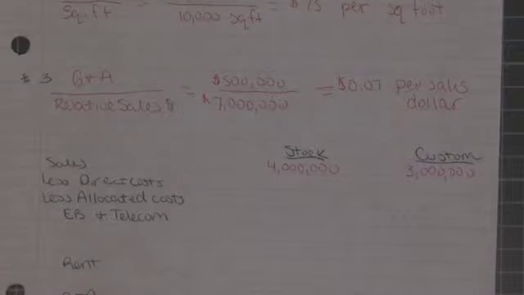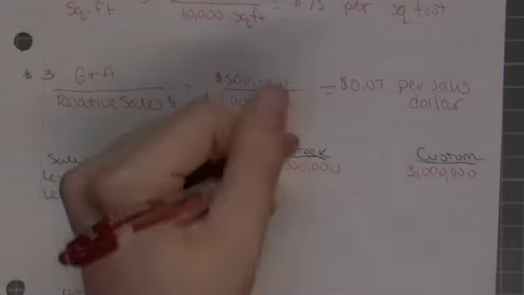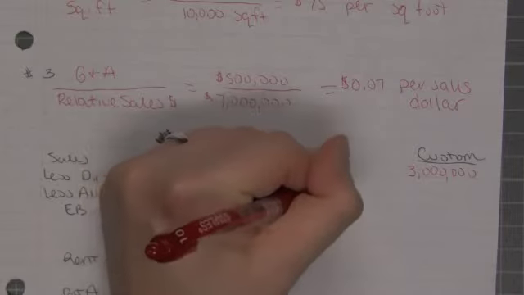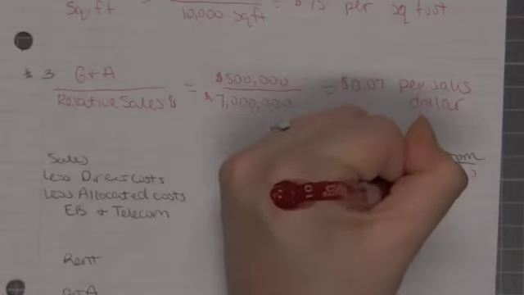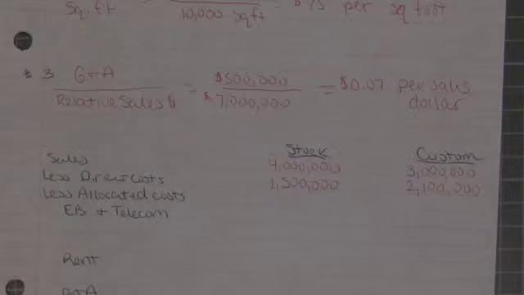And the direct costs are always the same because these are the costs actually generated from making the stock stuffed animals versus custom stuffed animals. So the stock stuffed animals are $1.5 million direct costs, and the custom take up $2.1 million in direct costs. But what we have to change is the allocated cost.